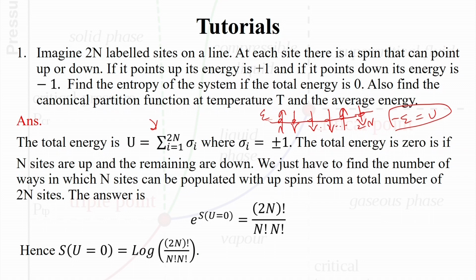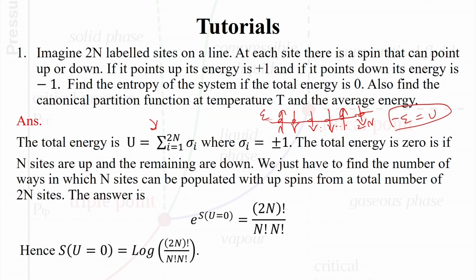You can choose to assign those sites up spins, and then you are forced to make the others down spin. So, how many ways can you select n sites out of 2n sites? The answer is the combination of 2n taken n at a time, the binomial coefficient.